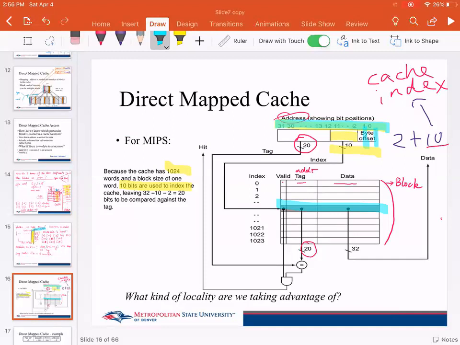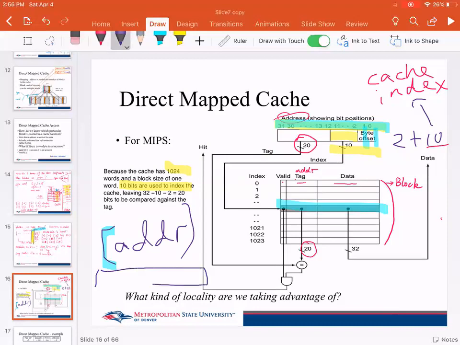Remember, the CPU only knows the address. The only information given to the CPU is the address of the data, so you have to start with the address. I look at the lower 10 bits except the byte offset. Remember, there are 3 parts inside of the address.